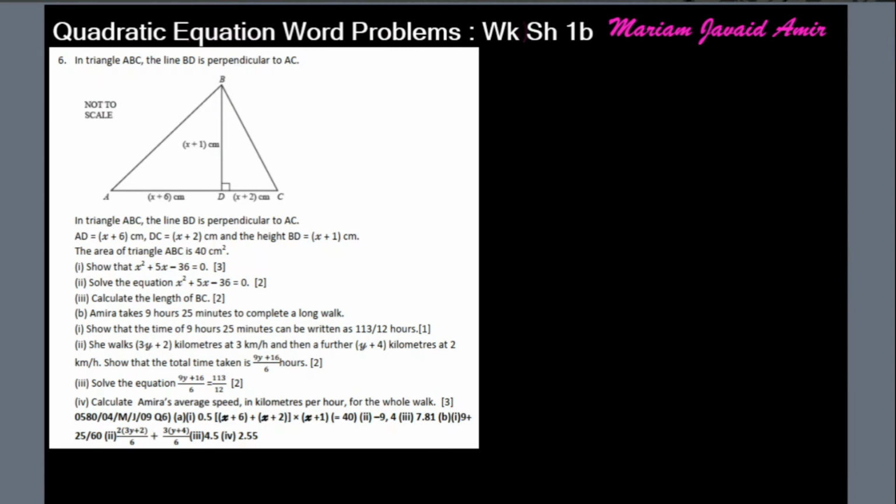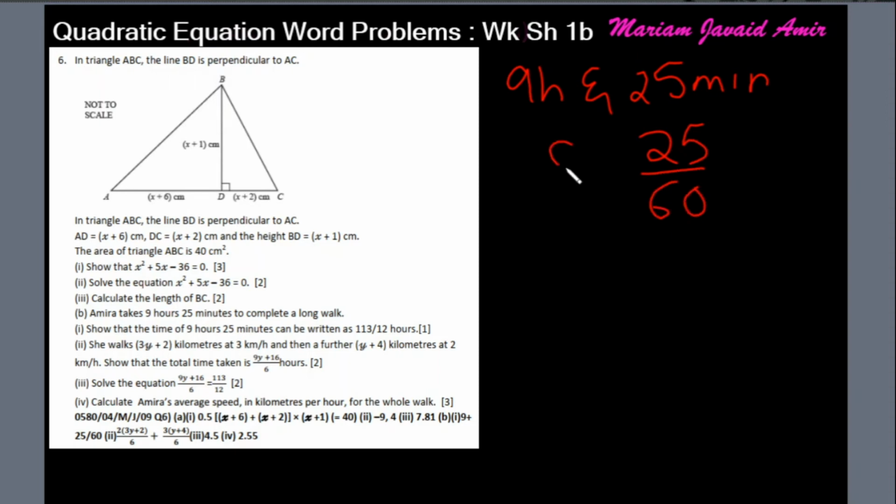Part B. Amira takes 9 hours 25 minutes to complete a long walk, so the time 9 hours 25 minutes can be written as 113 over 12 hours. So 9 hours and 25 minutes. How do we change minutes to hours? We divide that by 60.